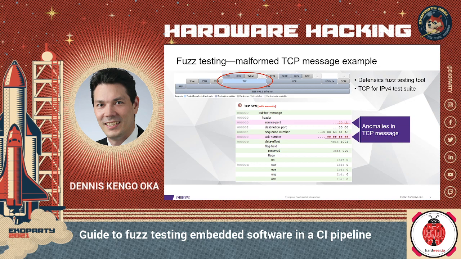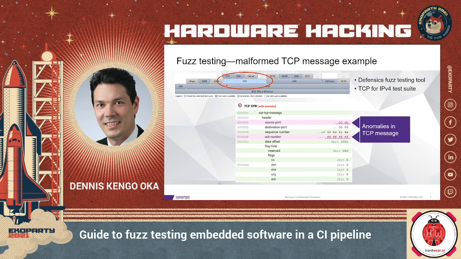So let's take a practical look at a fuzzed message. Here we use the Posix fuzz testing tool and the TCP for IPv4 test suite. As you can see in the top portion of the slide, we have a set of different test suites. Right now we're looking at the TCP test suite.